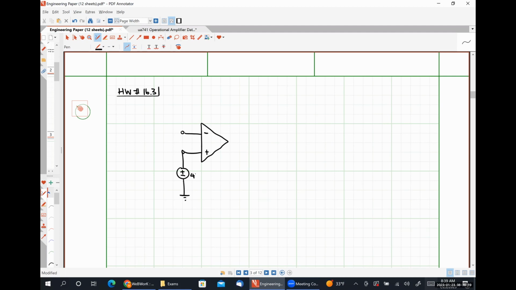Let's make this 4 volts. Let's make this 2 volts. 1 kilo ohm. And we're going to figure out what V out is. So our first step is going to be the same.